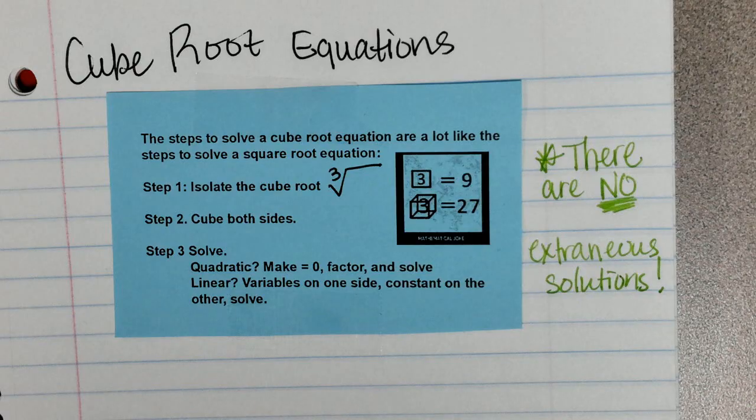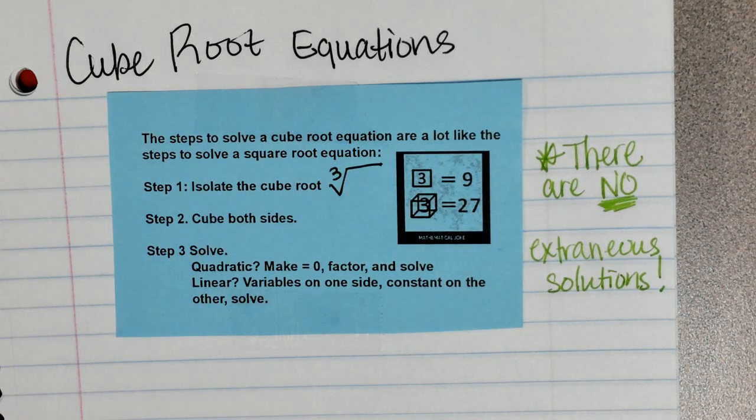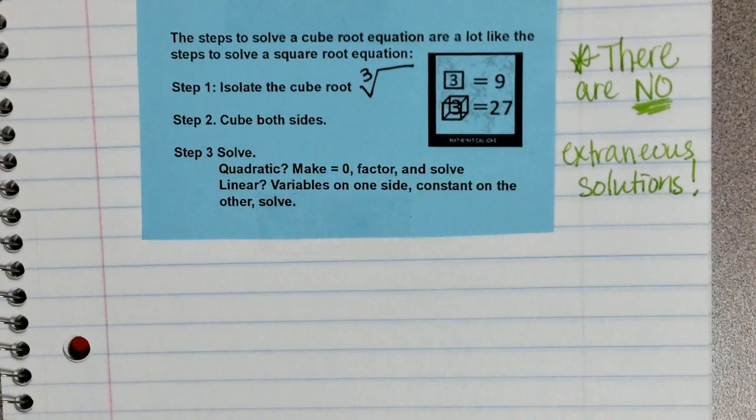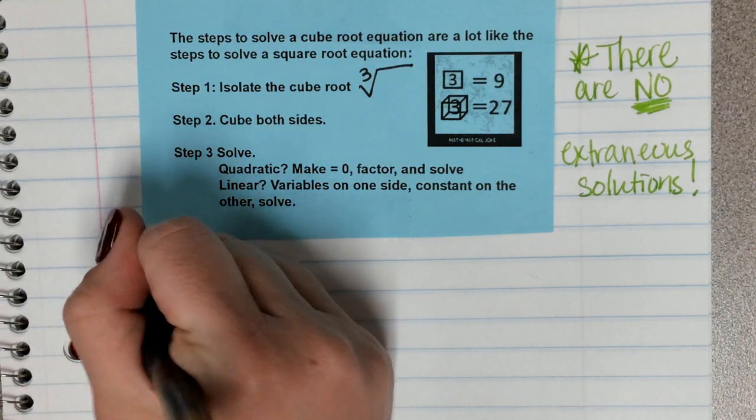Now you can check your answer to make sure you're right. I would definitely advise you to do that, but you're not checking for extraneous, and that's because the domain and the range of the cube root function is all real numbers. But I will tell you, the answers to these can sometimes be weird, and that's okay. It's just because of the shape of the function.